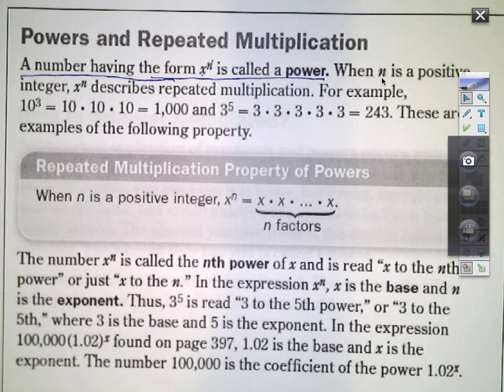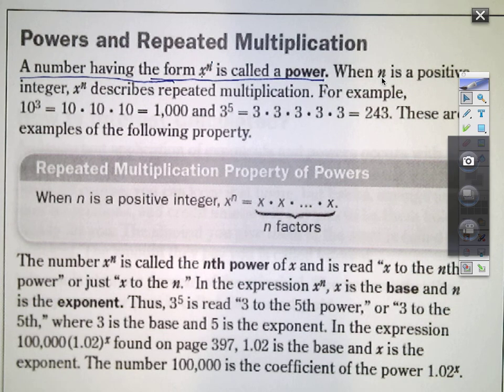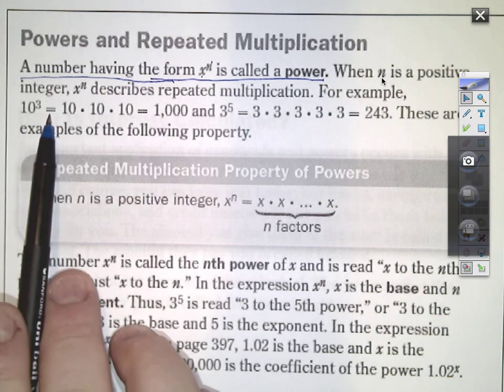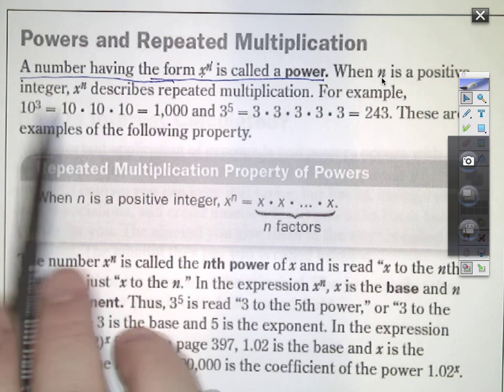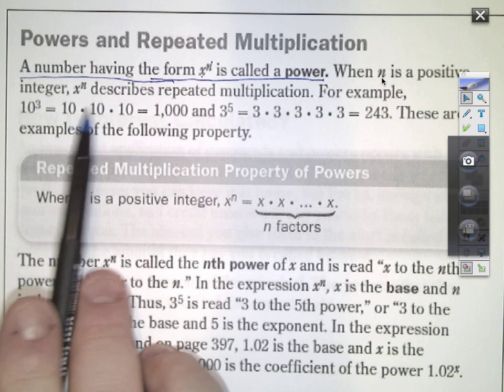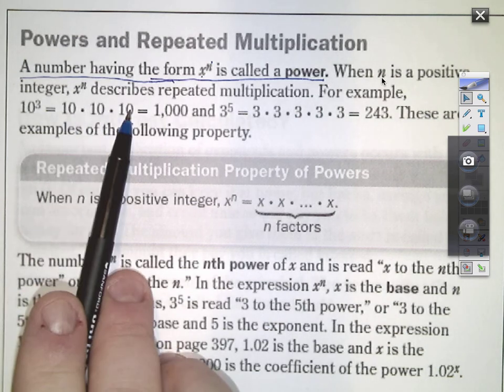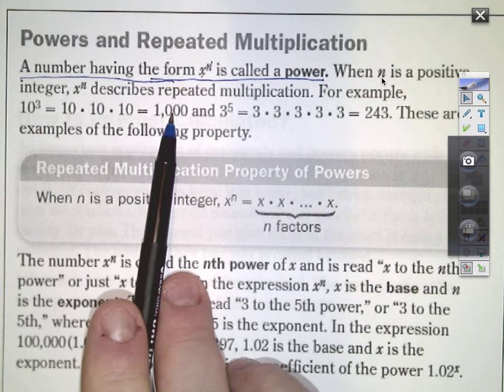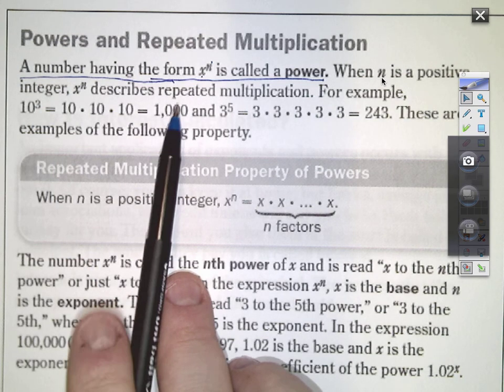N is a positive integer and describes a repeated multiplication. For example, 10 to the third power means we multiplied 10 by itself 3 times. So 10 times 10 times 10 is the same thing as 10 to the third power, which also equals 1,000.